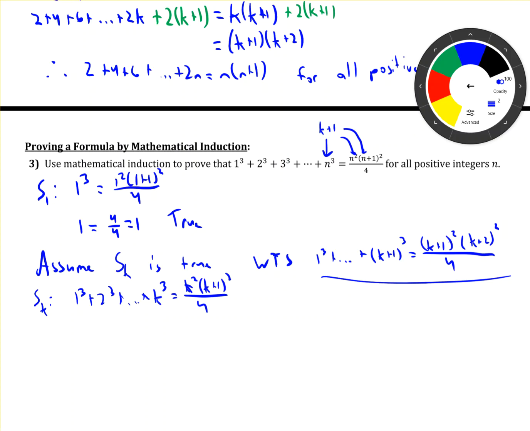Now, therefore, if I add a k plus 1 cubed to both sides, let's do that in green here.